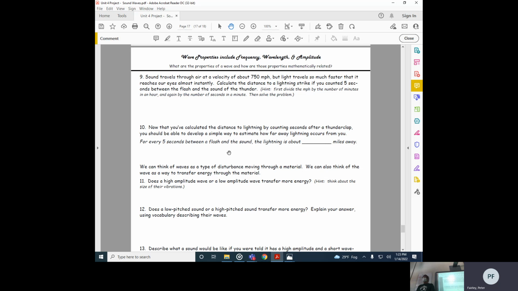But wait a minute. What did we measure how long it took to get to our ears from the thunder? Did we measure that in hours? We measured it in seconds, didn't we? So the first step we have to take is convert this 750 into not miles per hour, but miles per second. So you take the 750 divided by the number of minutes in an hour.